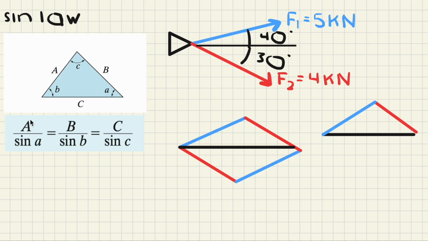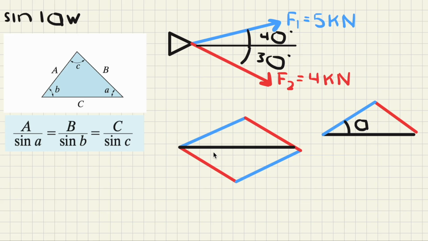This states that side A over the sine of its opposite angle is equal to side B over the sine of its corresponding angle right here, and that's consistent with C and so forth. So what we want to find is this angle right here, which we're going to call alpha.